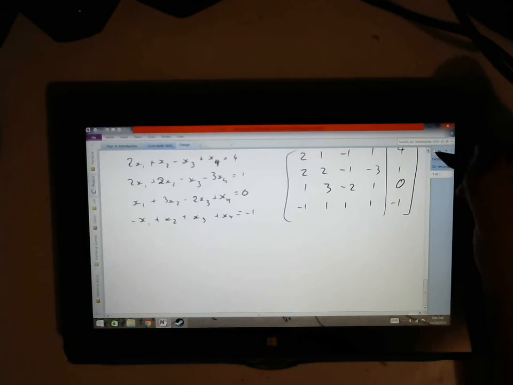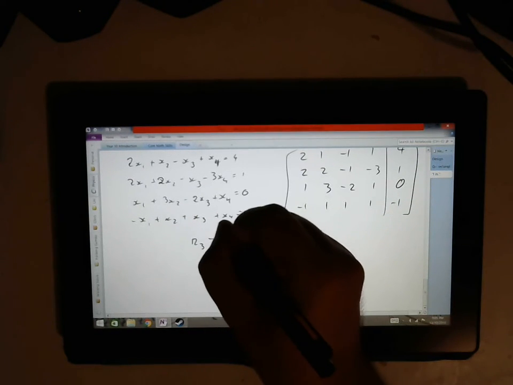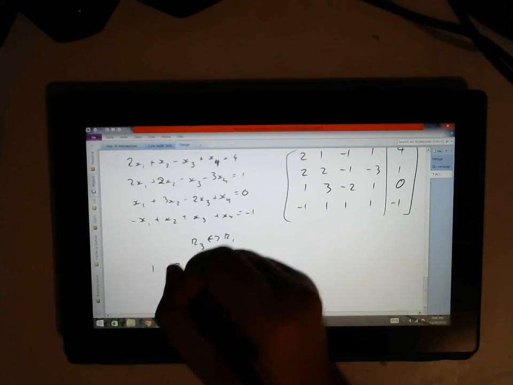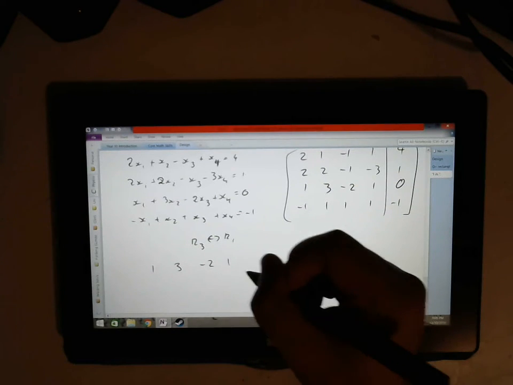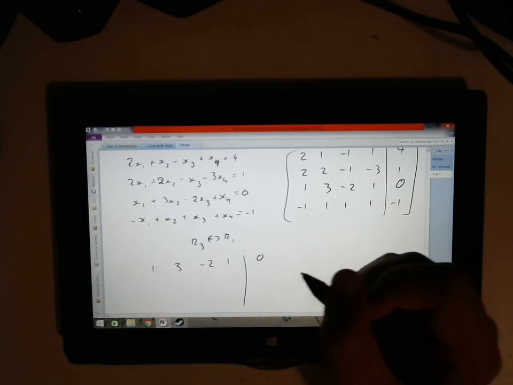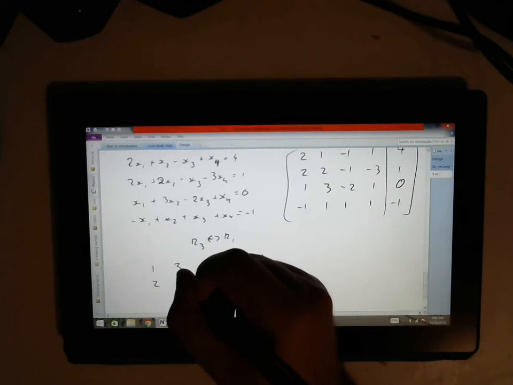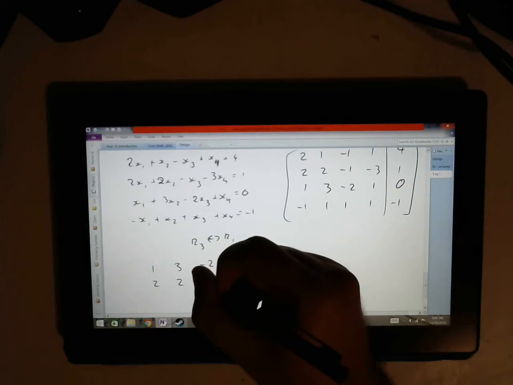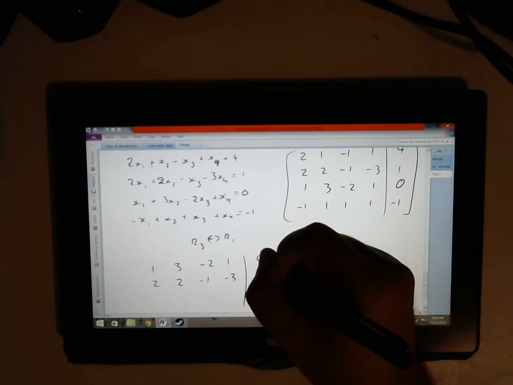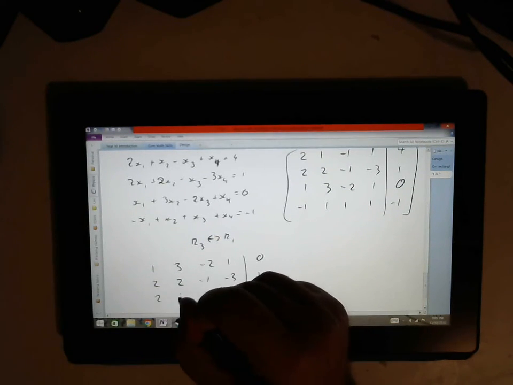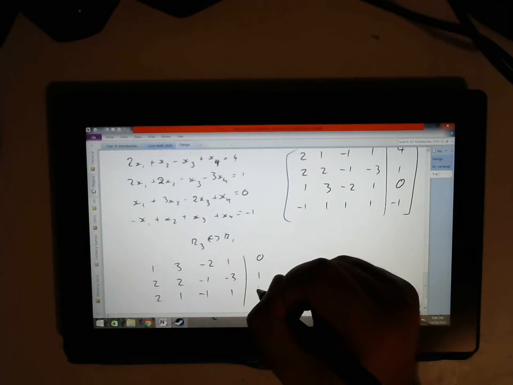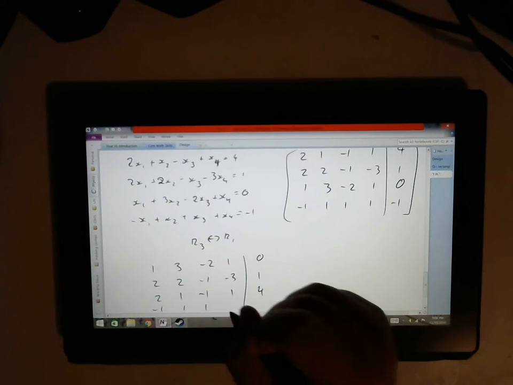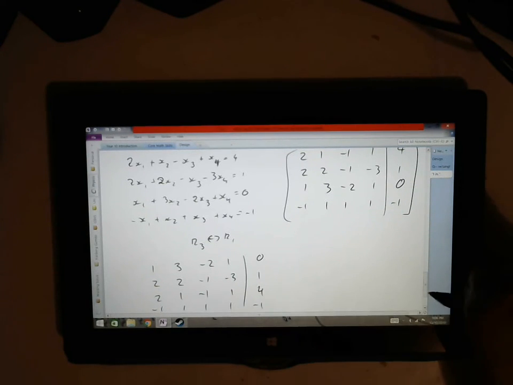So R3 swapped with R1 gives me 1, 3, minus 2, 1, augment 0, 2, 2, minus 1, minus 3, 1, 2, 1, minus 1, 1, 4, minus 1, 1, 1, 1, minus 1.